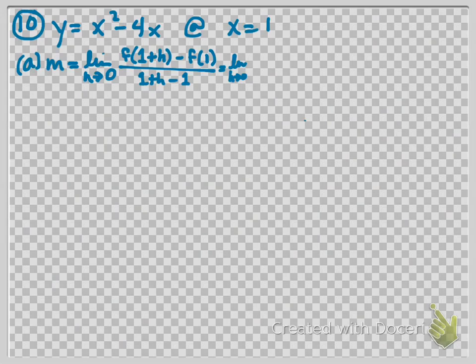What's the first thing I do with the x in this function? 1 plus h squared. And what else does this function do? Minus 4 times 1 plus h. And what have I written so far? What is all of that? That's f of 1 plus h, right?